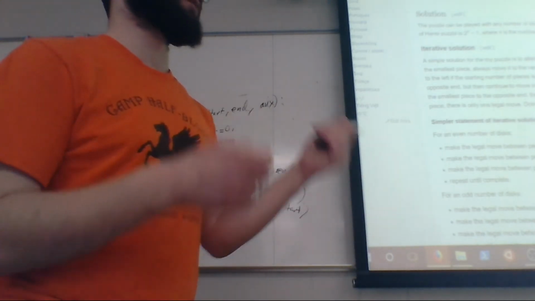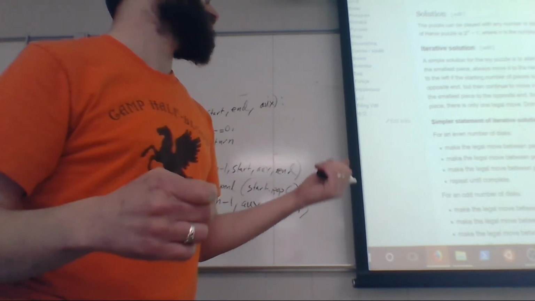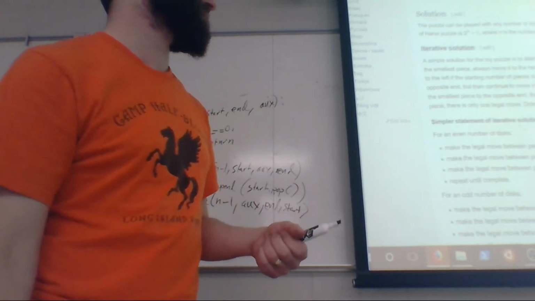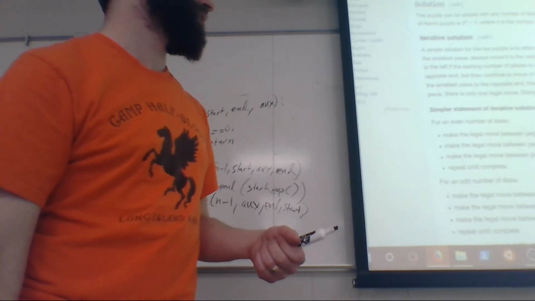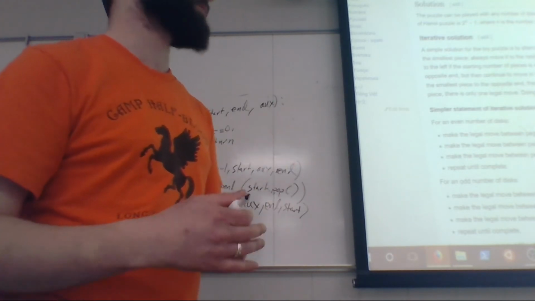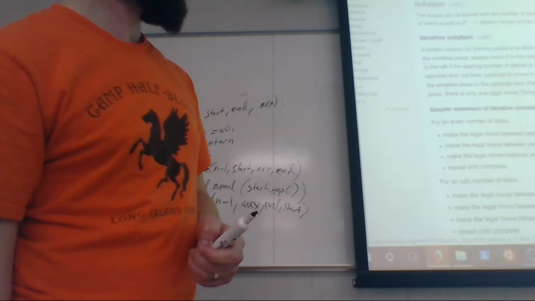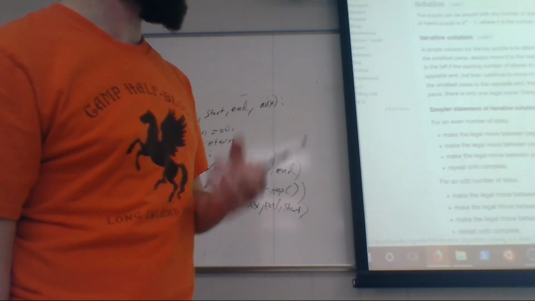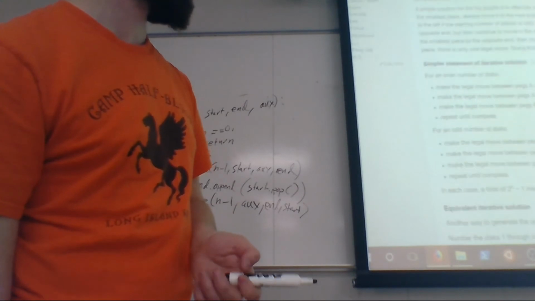Only one of those moves is going to be legal. Then you make a legal move between A and C, then between B and C, from the start and the middle, from the middle and the end, from the start and the end. And then you just completely repeat this process.